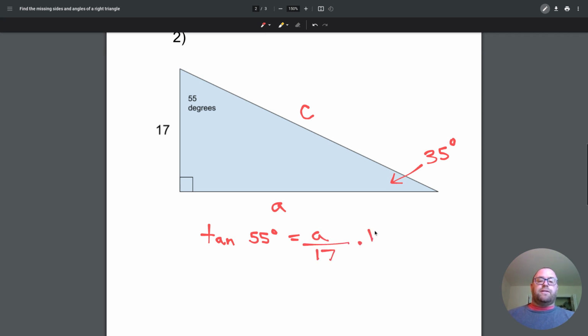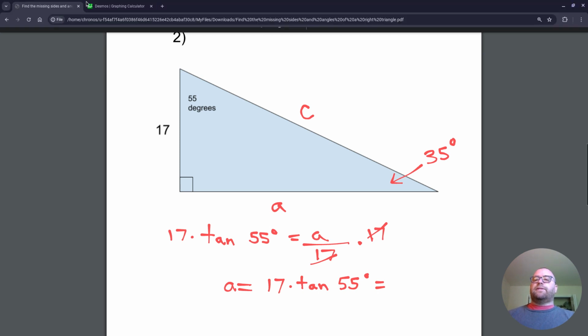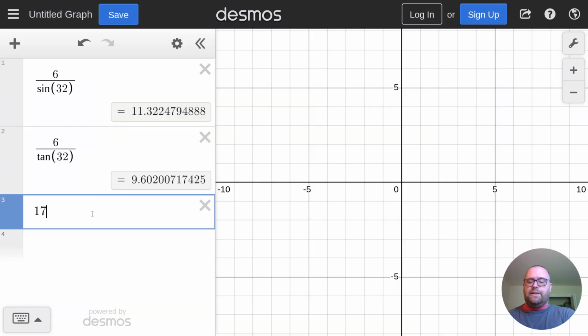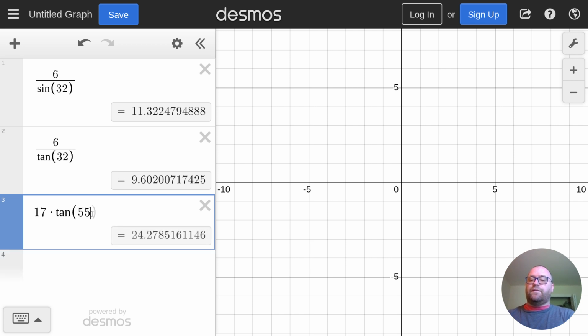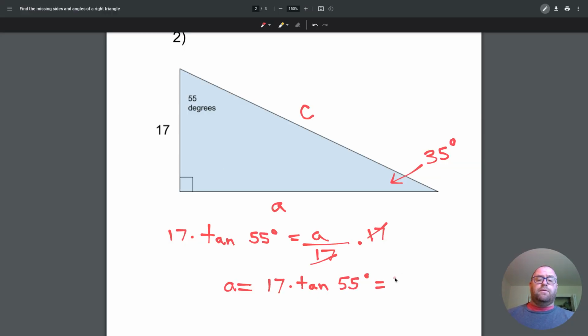So if I multiply both sides by 17, these will cancel, and I get A equals 17 times the tangent of 55 degrees, which equals 24.278, which will round to 24.28. So 24.28.